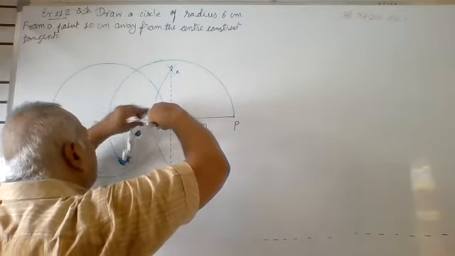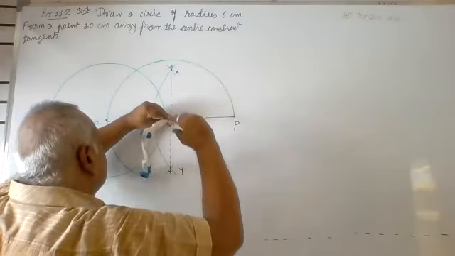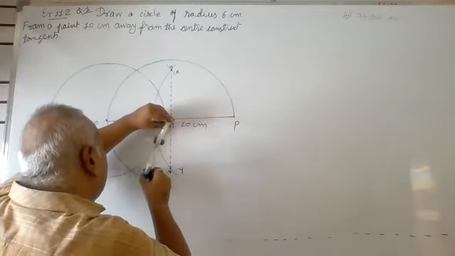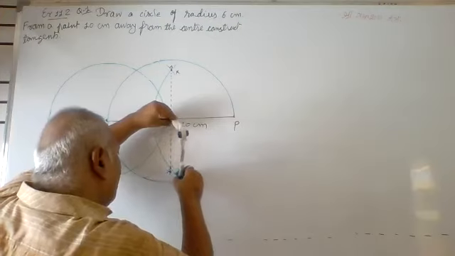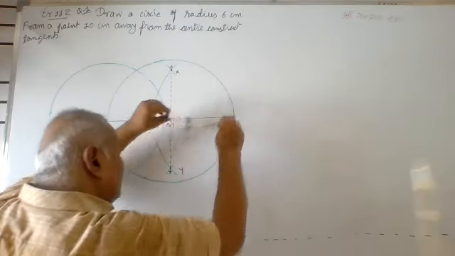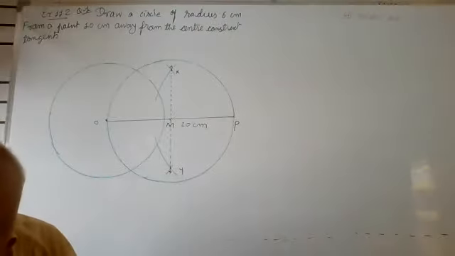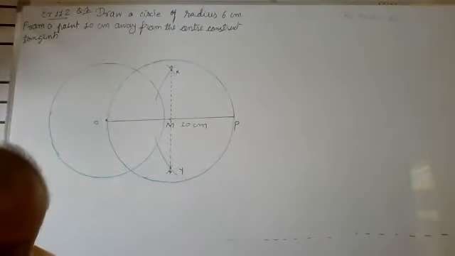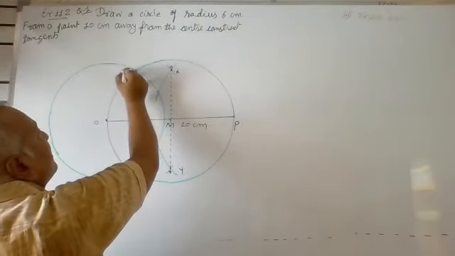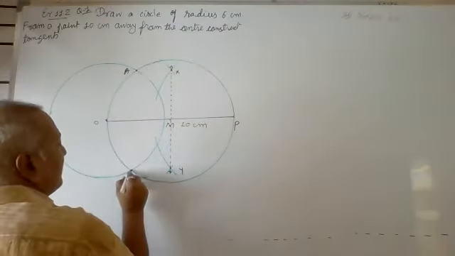Where both the circles intersect, we have to give names. So here we have completed the circle. Now where both the circles intersect, we should name the points A and B.